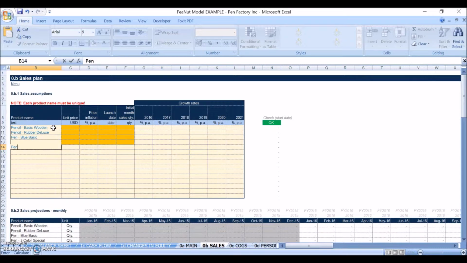We will also produce the so-called gift special product line, executive pens, and the premium product line called gold jewelry.